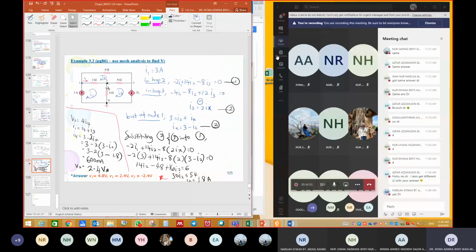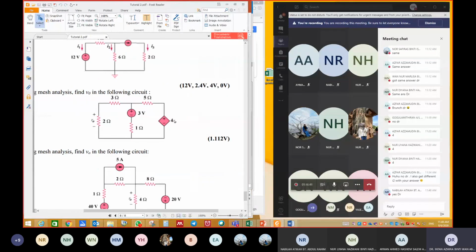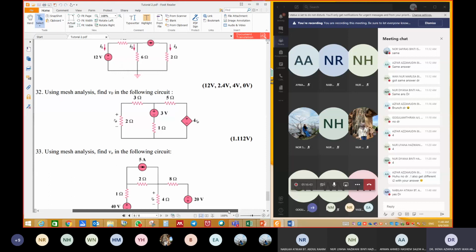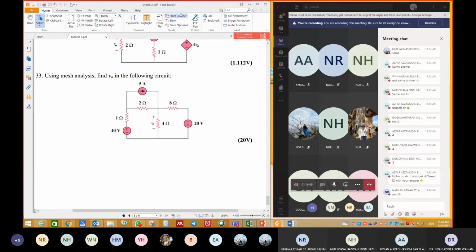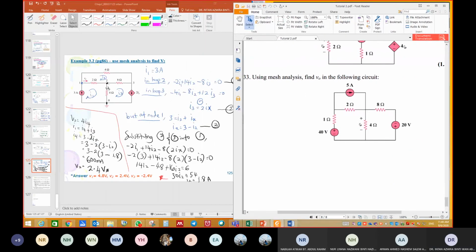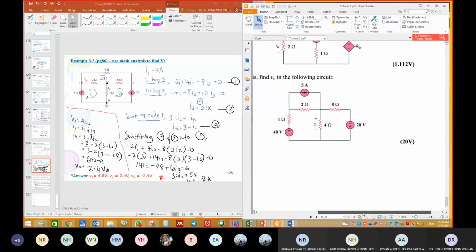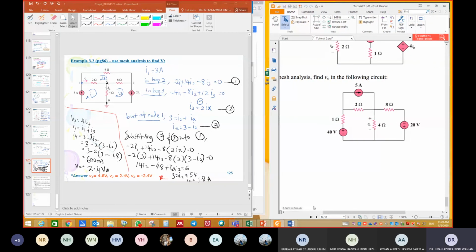Yes. Okay. So get the answer. Now if you got the answer, number 33, find V naught using mesh. Okay, find V naught.